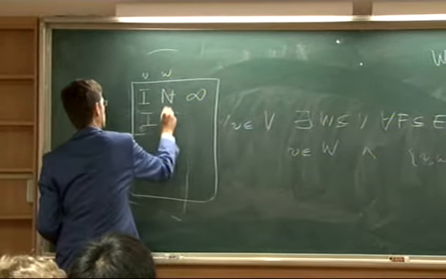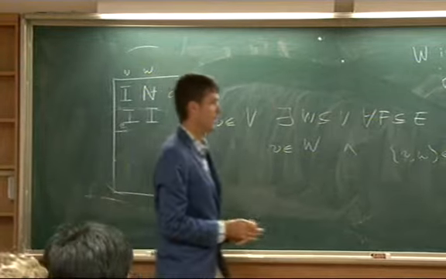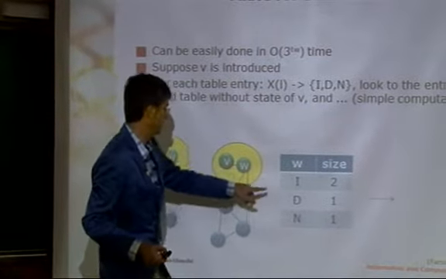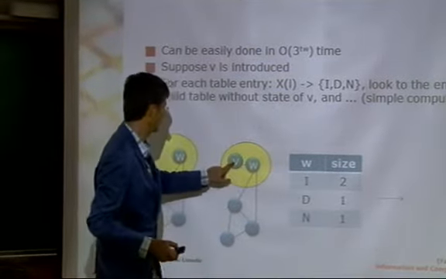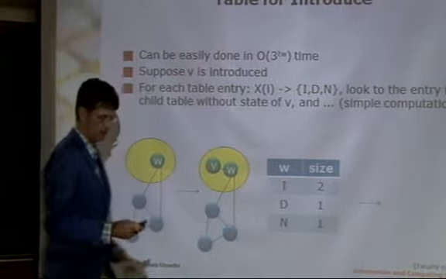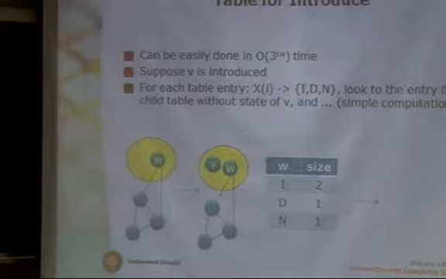If I put, for instance, both in, then instead of looking at what happens in this graph, I look it up. So if W is in, I pay 2. And if V is in, I pay 1 more. So I add 1 and I add 3. And just by looking at this table and what happens in this bag, you can just compute the next table. So this is for the introduce.